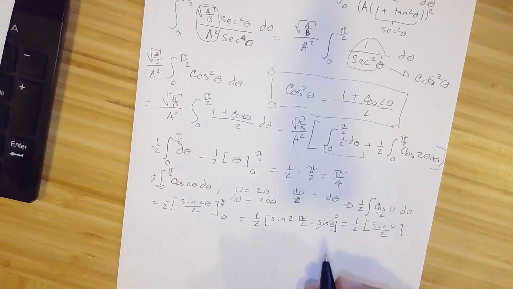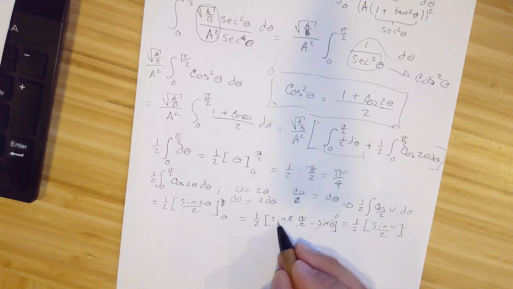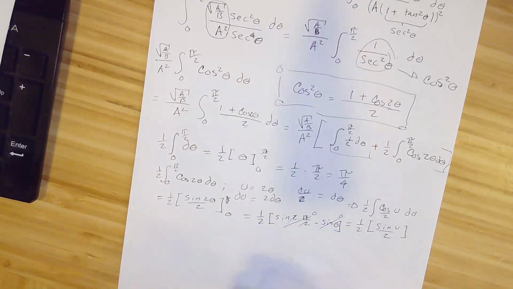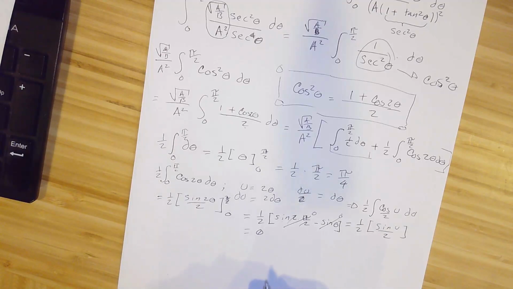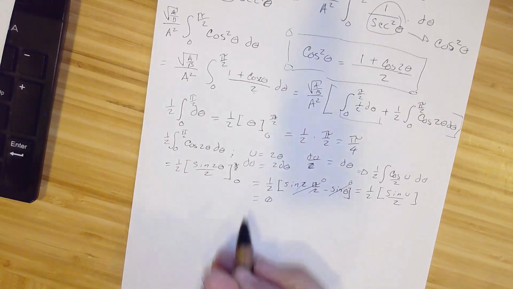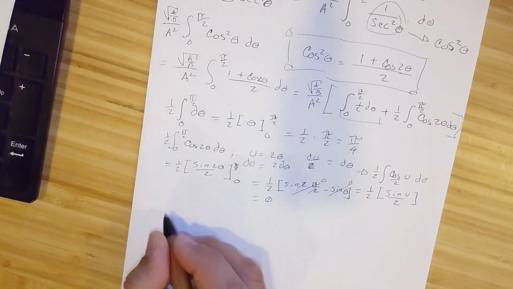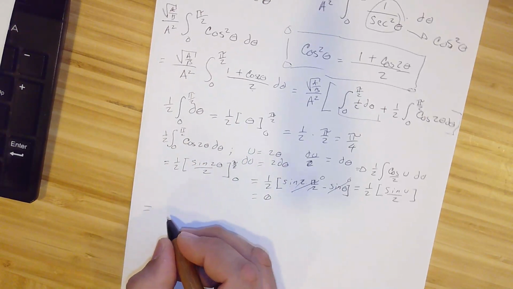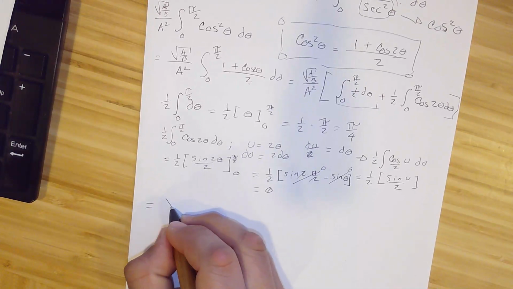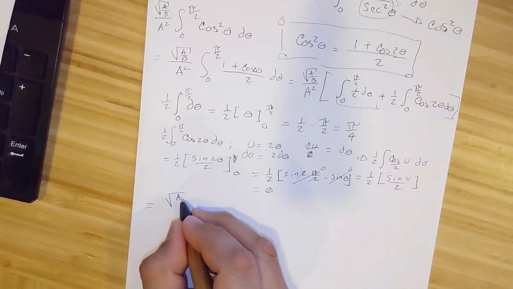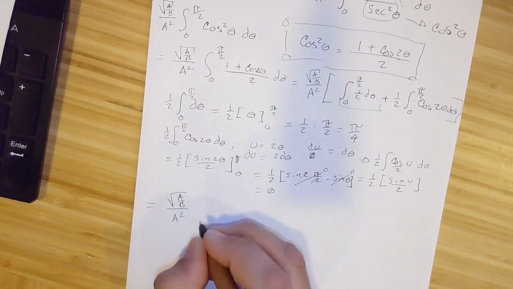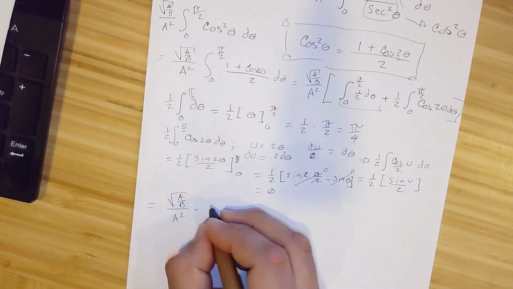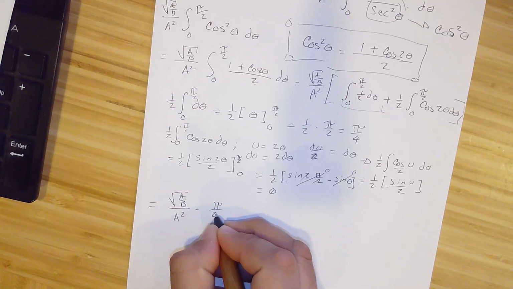So this is 0, and sine of pi is 0. So this part is 0. So in conclusion, if we put that back again into the initial integral, you will have that this is square root of a over b over a squared multiplied by pi over 4.